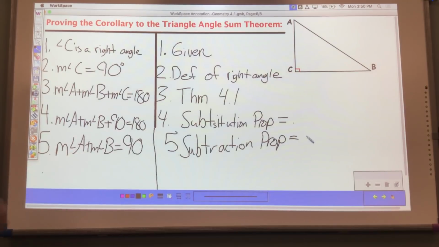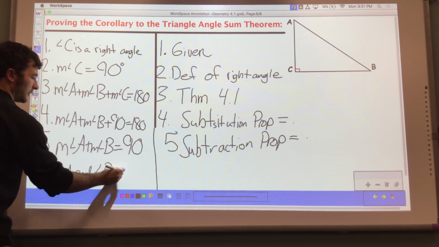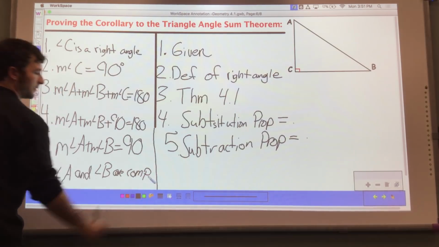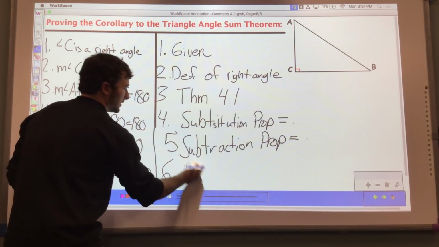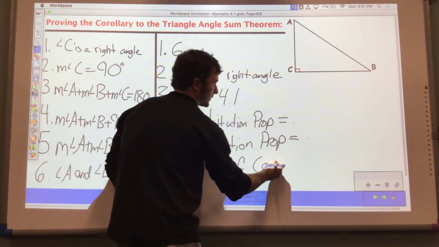So then, finally, we can say angle A and angle B are complementary. That would be definition of complementary angles.